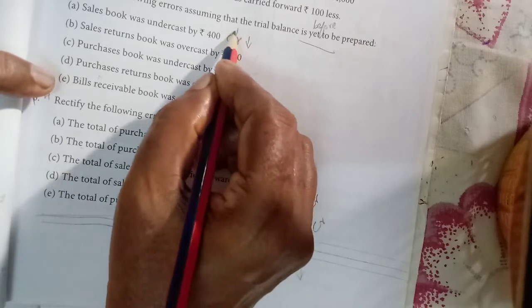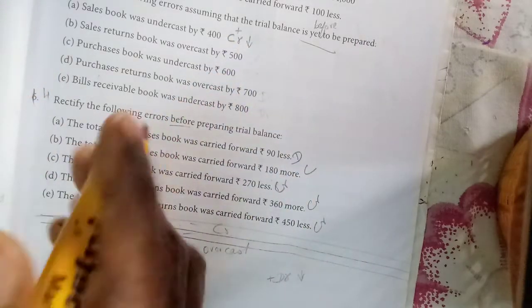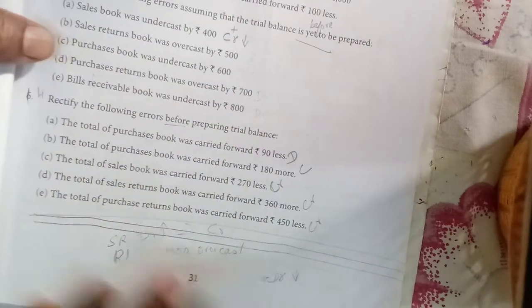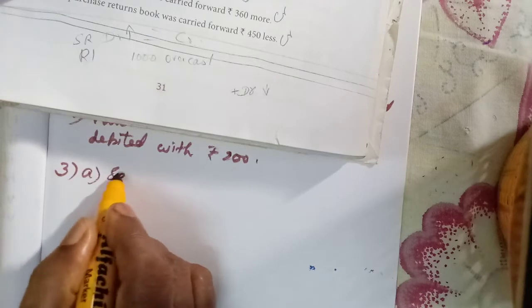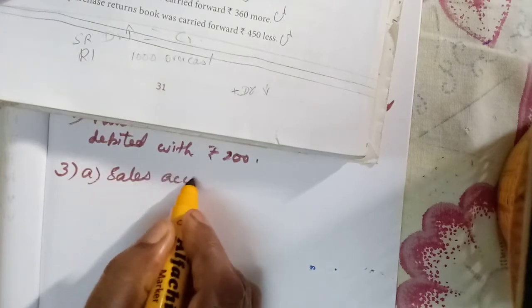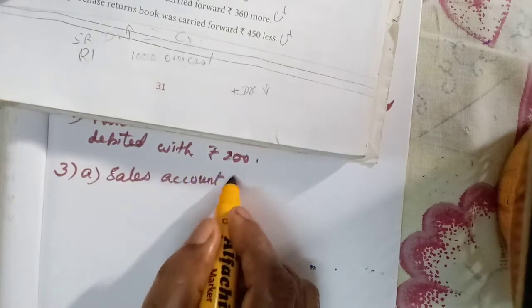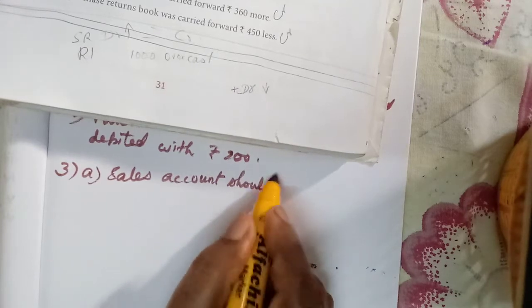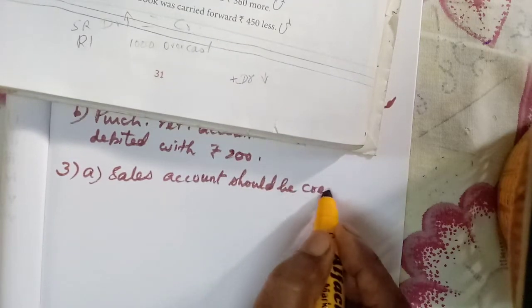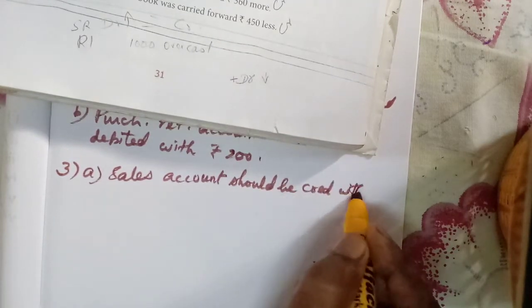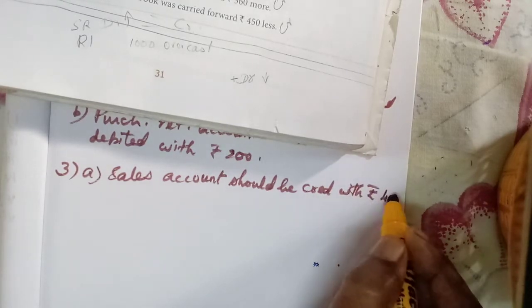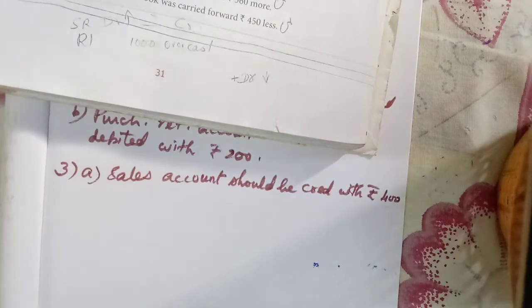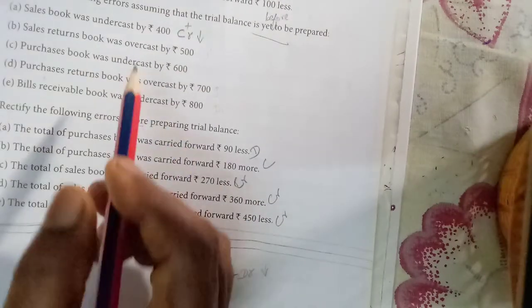So again we have to add, isn't it? We have to credit. What will you write? Sales account should be credited with rupees 400. Okay. Then next one.